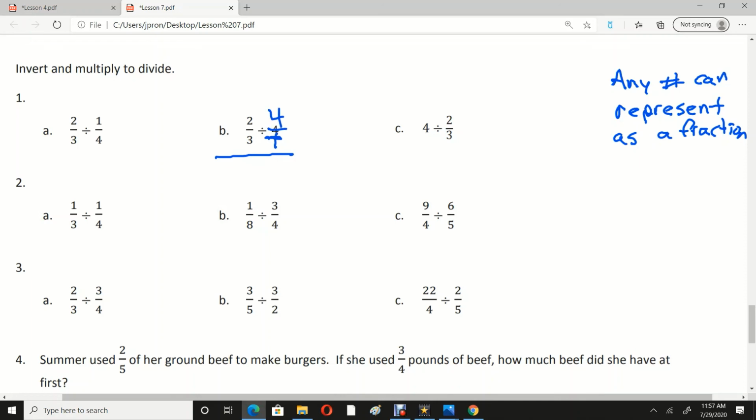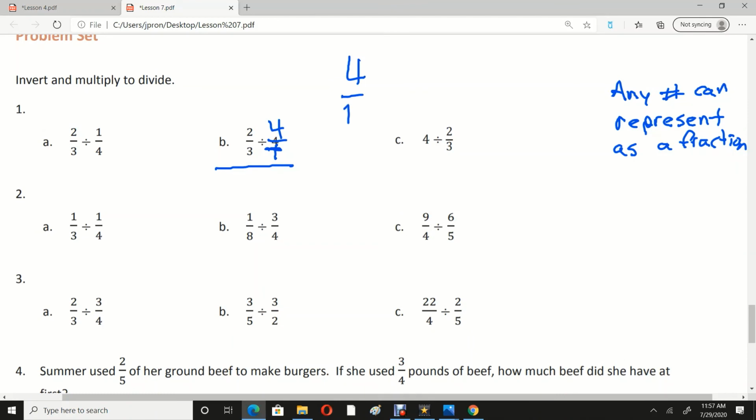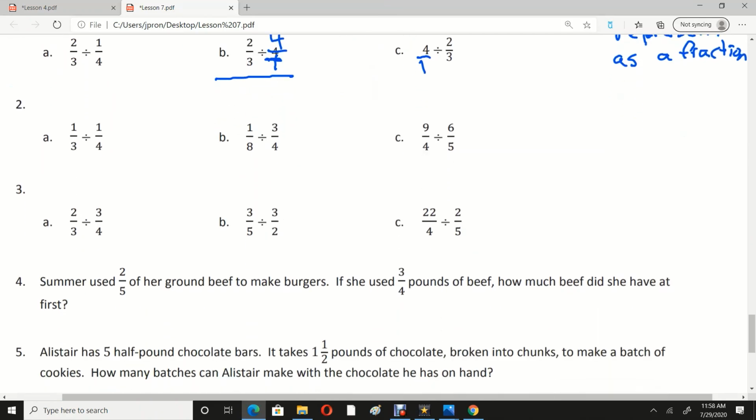Perfect. 4/1 is equal to 4, and that will work for any of these whole numbers, right? Anytime you put a whole number over 1, you make it a fraction, and then from there you can use the invert and multiply rule to divide, right?